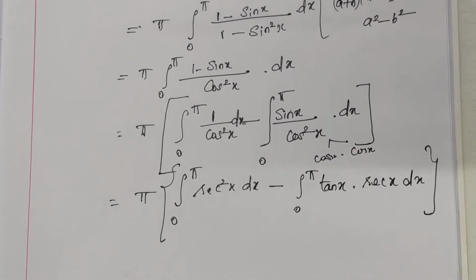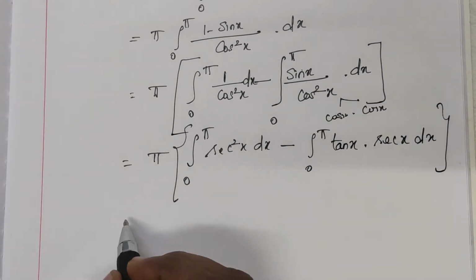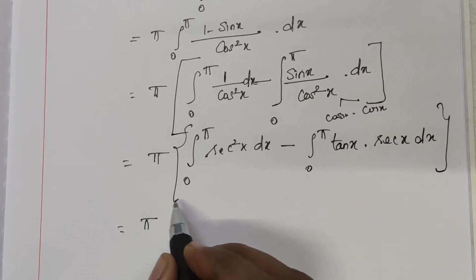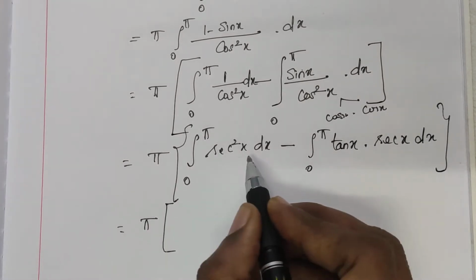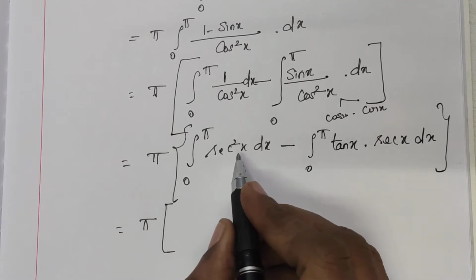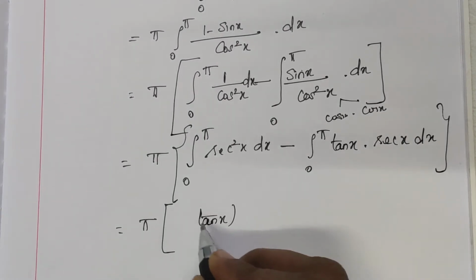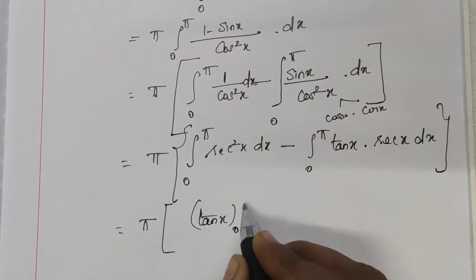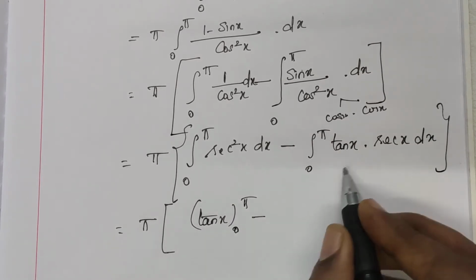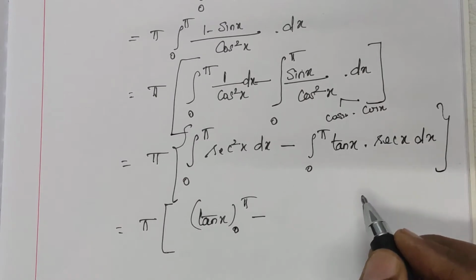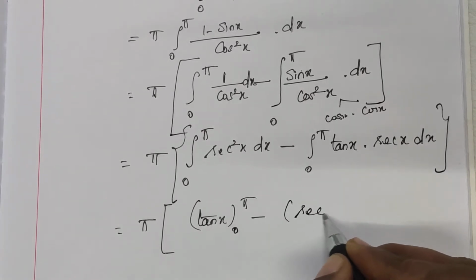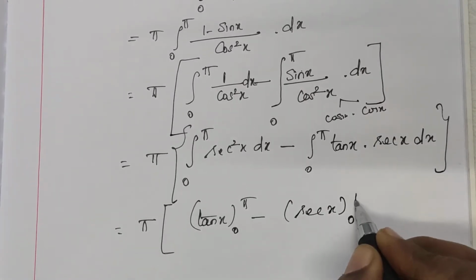In the next line, apply the integral formulae. We get pi times tan x, since the integration of secant squared x is tan x, minus secant x, since the integration of secant x tan x is secant x, with limits 0 to pi.